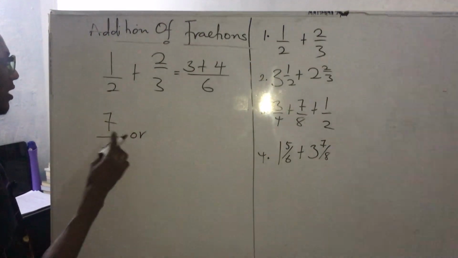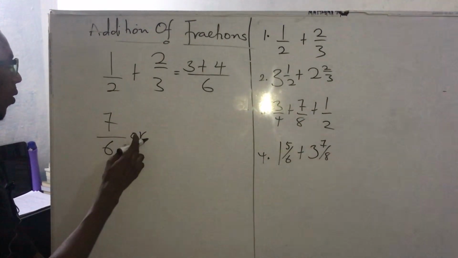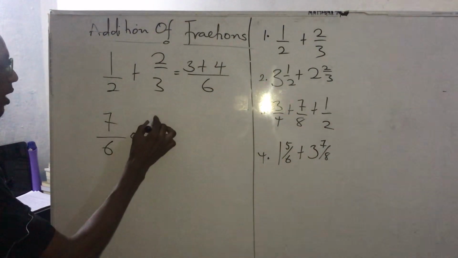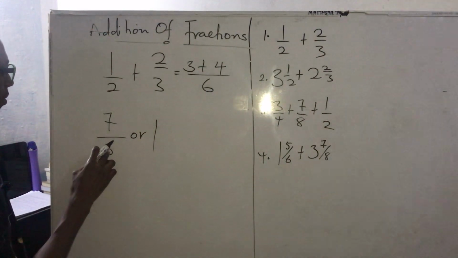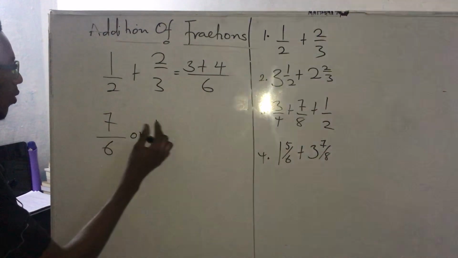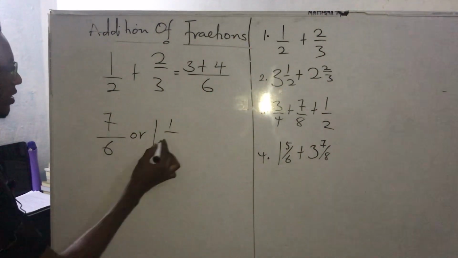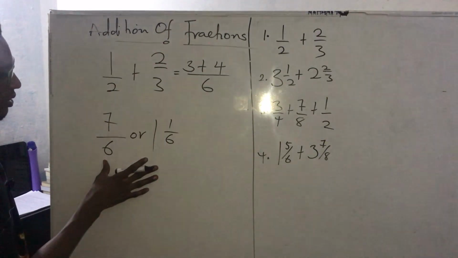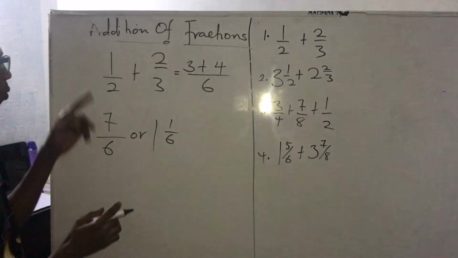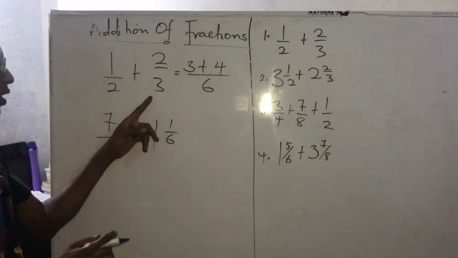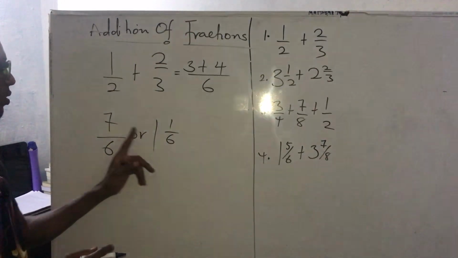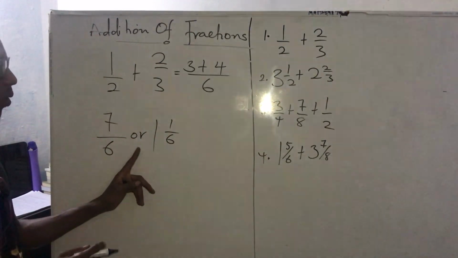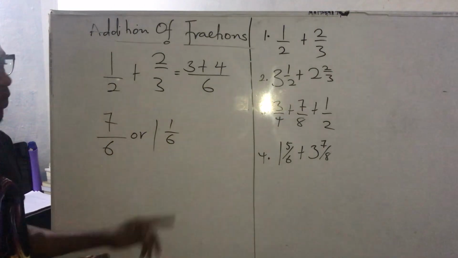The answer is 7 over 6, or 6 will go into 7 once, remainder 1, and we have the denominator 6. Therefore, 1 over 2 plus 2 over 3 is equal to 7 over 6, or one whole number 1 over 6.